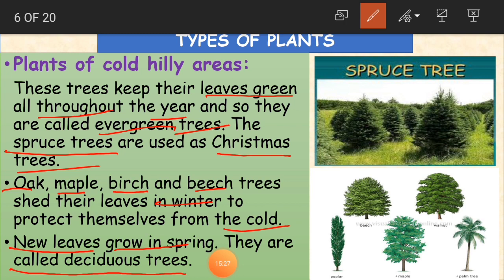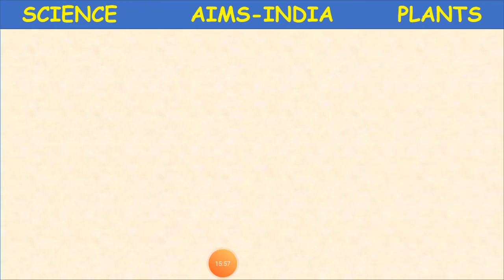Deciduous trees shed their leaves in winter to protect themselves from the cold, and when they get leaves again, new leaves grow in the spring. For example, what trees do we have here? Oak, maple, birch and beech. Clear, children? Yes.